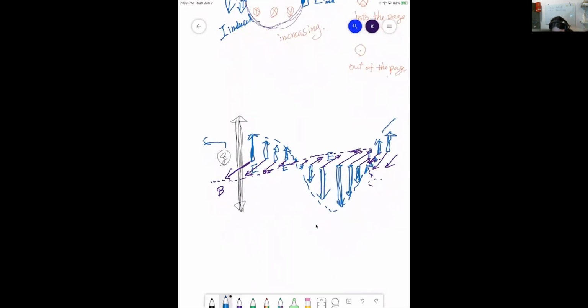And this is called, let's use red, electromagnetic wave.